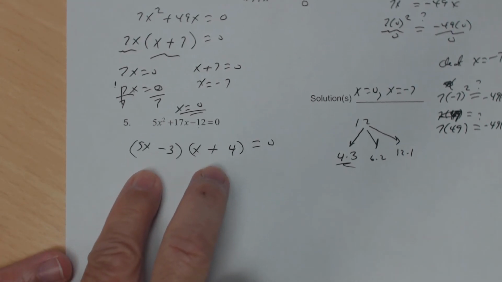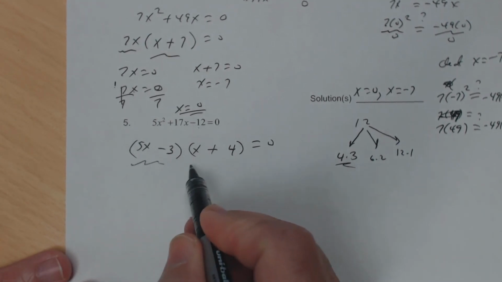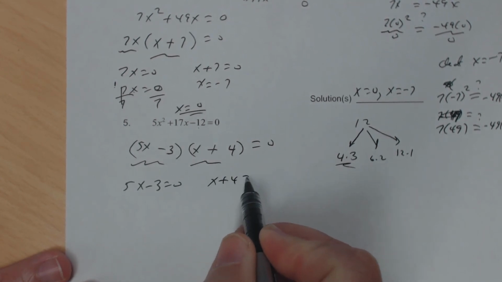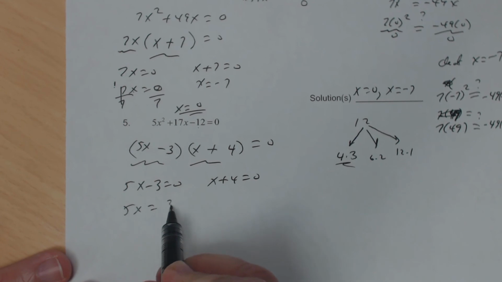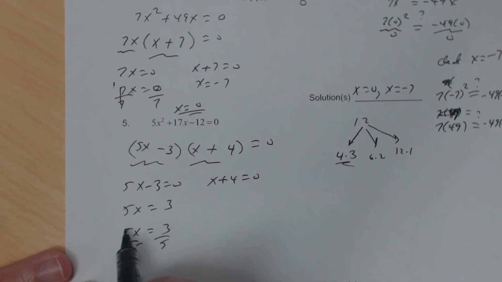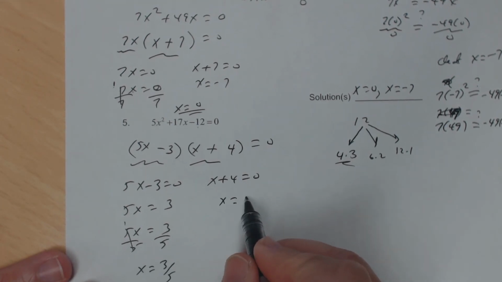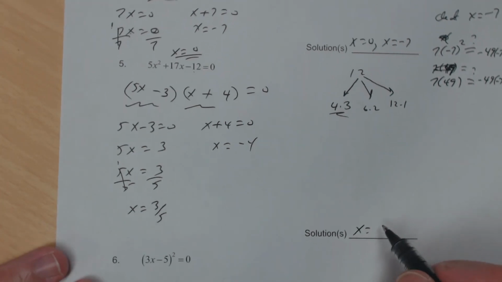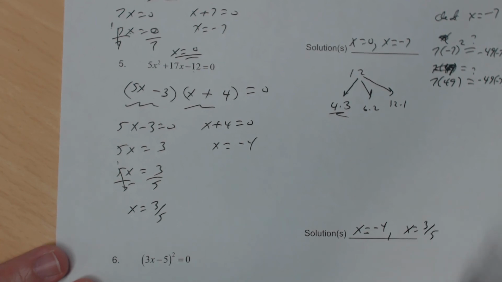All right, you have two factors whose product is 0, so one of them has to be 0. So you set them equal to 0. And so I get 5x equals 3. And so dividing both sides by 5, I get x to be 3/5. Over here, x equals negative 4. So your solutions are x equals negative 4, comma, x equals 3/5.